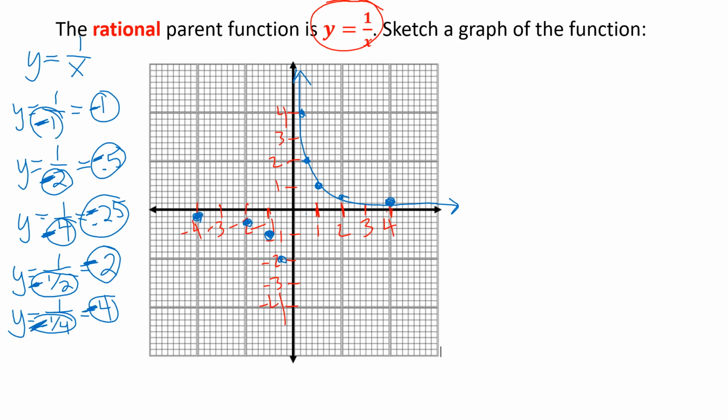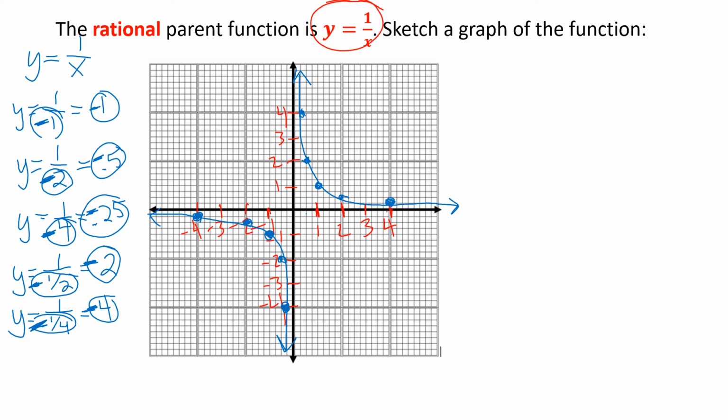So negative 1/4, negative 4. So you see the exact same curvature. All you're doing is working with negative numbers, but it's still just curving down and around. So kind of a crazy, unique looking function for something that's considered to be rational. It seems like a very irrational looking graph.